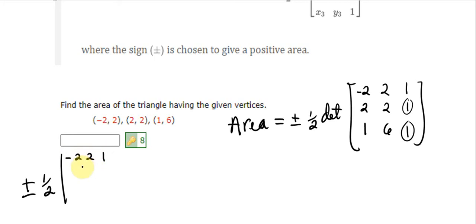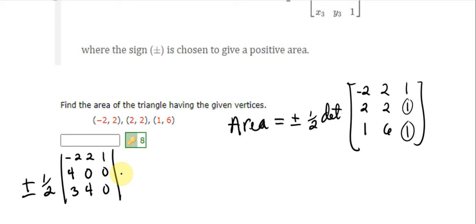So this is negative times row 1 plus row 2, so this becomes 4. It's a 0 there, and that's a 0. Do that same thing here. So it's negative times row 1 plus row 3. So this is a 3, 4, and 0.